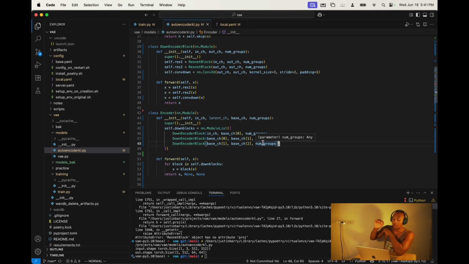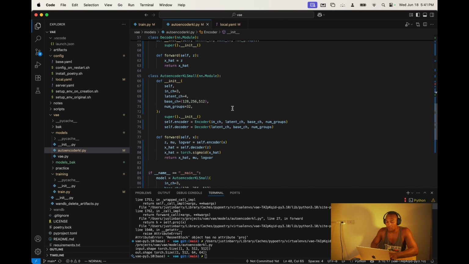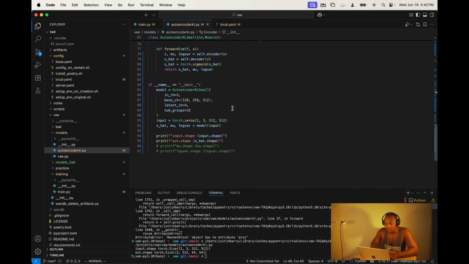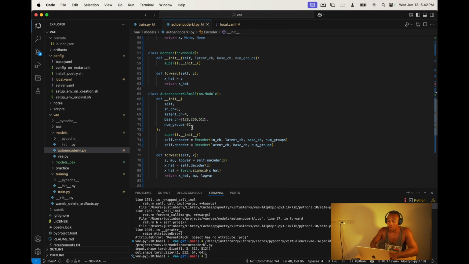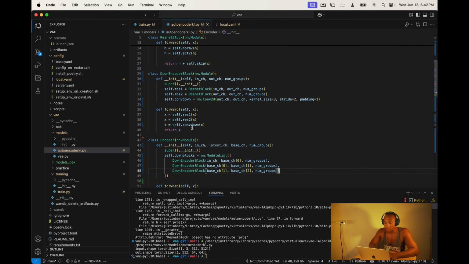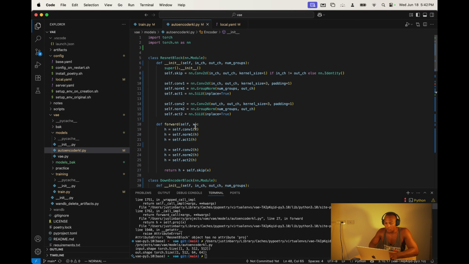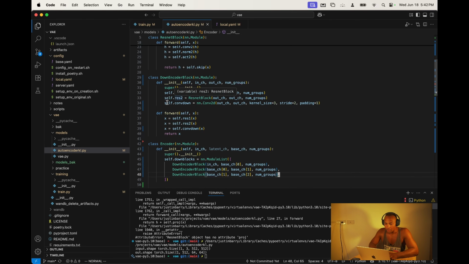And then the image size went from, what are we passing in? 512, yeah, to, right, it gets 3 times, so 1, 2, and then 64 is the third downsample. So in the down encoder block, we're calling this downsample operation here.